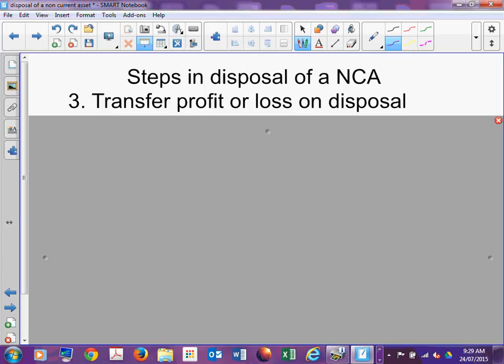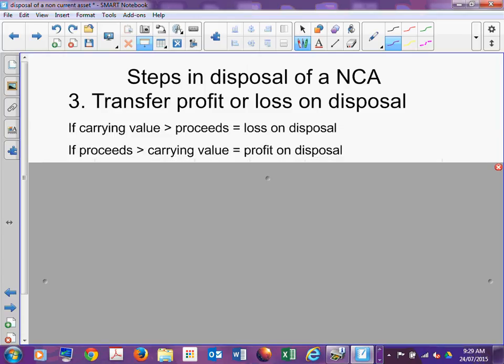But in reality, because we make an estimate of that depreciation and we don't know what the market is going to say about that non-current asset a little bit later, there's an opportunity for a loss or a profit to be created. So, if the carrying value is greater than the proceeds, you will make a loss.